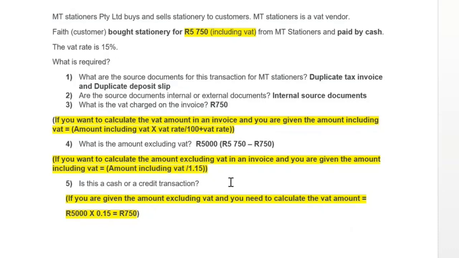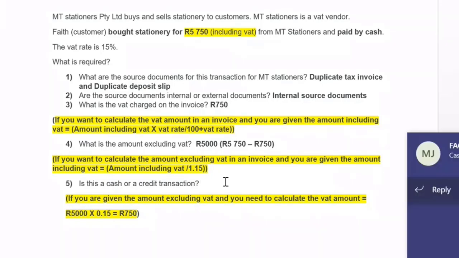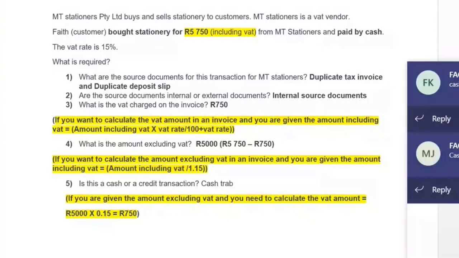And then number 5, is this a cash or a credit transaction? Well done, guys. This is a cash transaction.